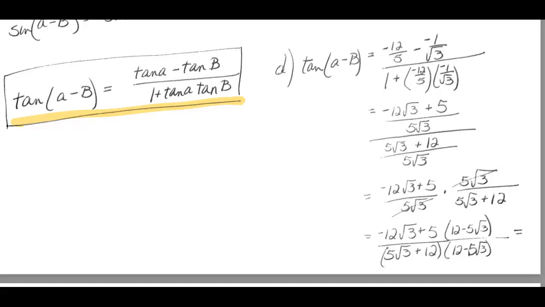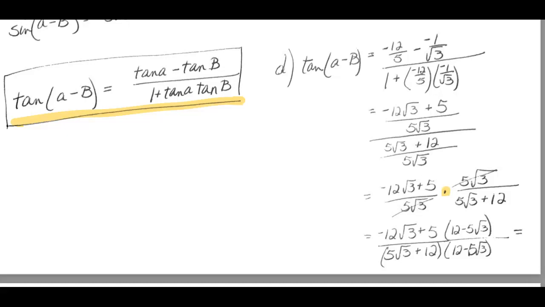And then for my denominator part, what I'm doing here is I'm looking at 5 square root of 3 plus 12, because I've got a negative times a negative, and my common denominator is 5 square root of 3. And since I'm dividing a fraction by a fraction, I'm just going to multiply by the reciprocal.